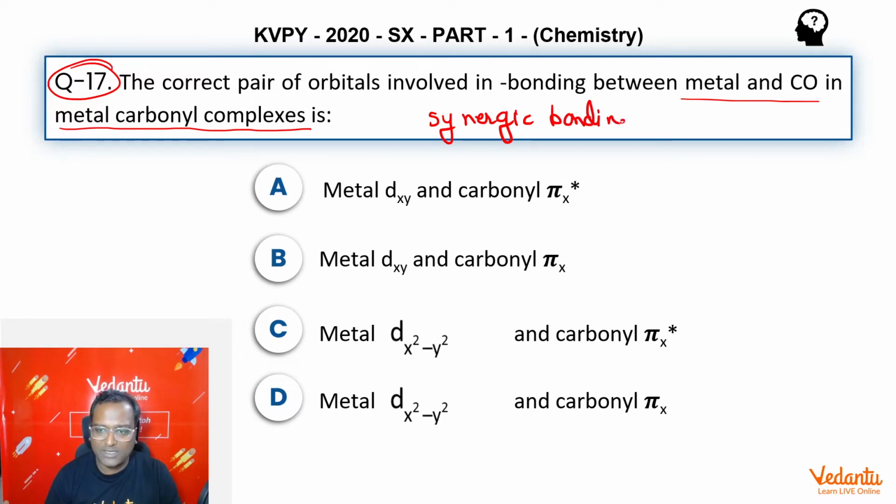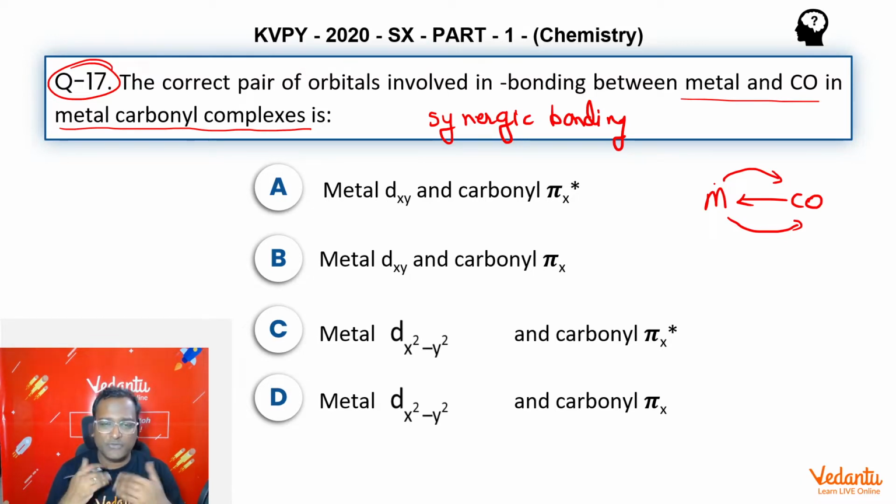We know that metal receives electron from CO in the form of a coordinate bond, and we also know that back bonding takes place from the filled orbital of metal into the empty orbital of CO to form a pi bond, right? The question here is, which is the orbital on the metal and which is the orbital on CO which undergoes this bonding?